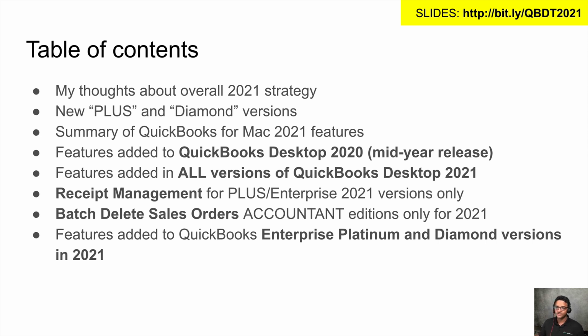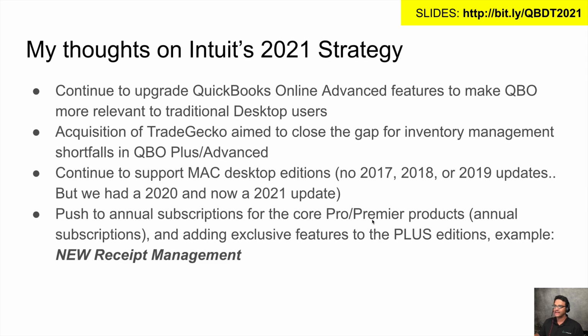We'll talk about the Plus edition of QuickBooks Desktop, and we'll talk about the Diamond edition of QuickBooks Desktop. This is something that's not necessarily new, but it's going to be pushed more and more in the marketing messaging, so it's important to discuss. We'll briefly go over QuickBooks Mac, and then we'll break down all the features based on what version of QuickBooks they are for. All right, so let's get started.